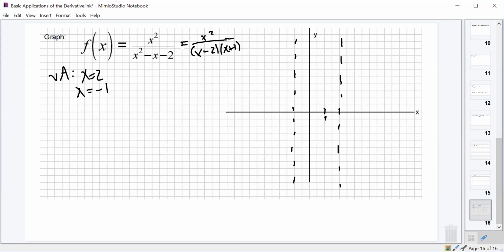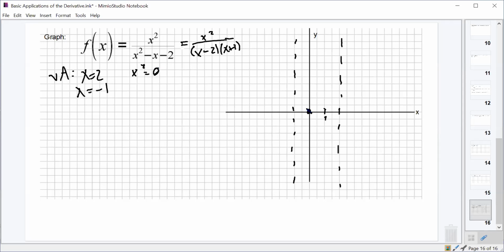Okay. Next thing would be x-intercepts and y-intercepts. So first off, we can set the numerator equal to 0. And that tells us what? That at x equals 0, y equals 0. So there's our y-intercept and our x-intercept.